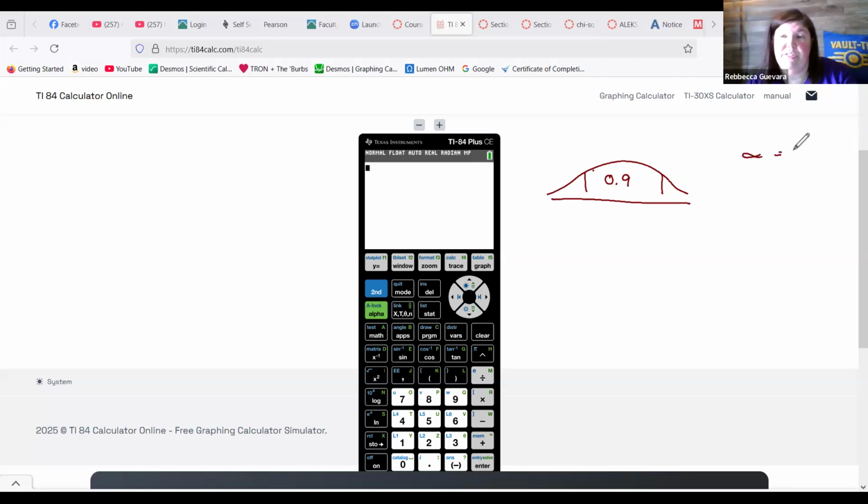So when we find alpha, alpha is 1 minus my 0.9, or 0.1. So we have 0.1 left over. So if I divide that by 2, I have 0.05. So basically we're saying we have 5% left over for each tail. So we are looking for z of 0.05.